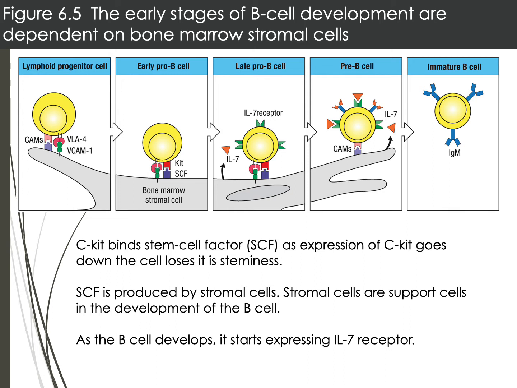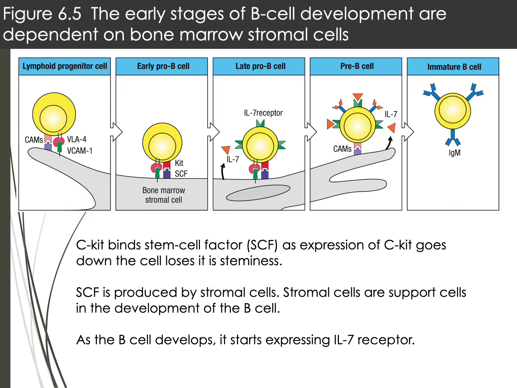You can see even early on, they're going to be producing adhesion molecules. So we have CAMs there that are going to allow for adhesion to the bone marrow stromal cells, so that they're going to be guaranteed to get the factors that are necessary. Over time, as the B cell develops, so that when it's in that late pro-B cell stage, pre-B cell stage, it's going to start expressing IL-7 receptor.